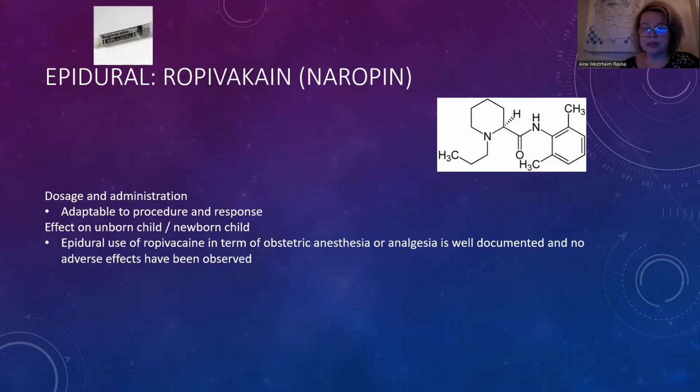That means that once you are a part of a team doing labor, you will be given instructions by the local labor team about how to administer and how to dose the drug.